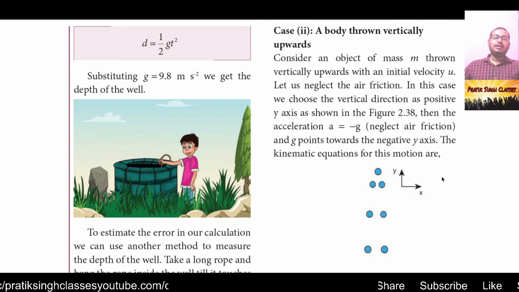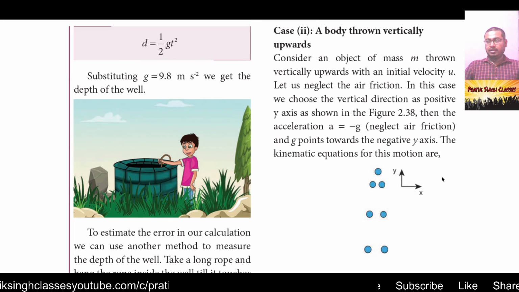Always keep in mind that we are free to choose the axis in any direction; if we choose any direction positive, the opposite will be negative. In physics, a positive or negative number doesn't mean that one is bigger or smaller. It only means the direction. Negative means opposite direction.